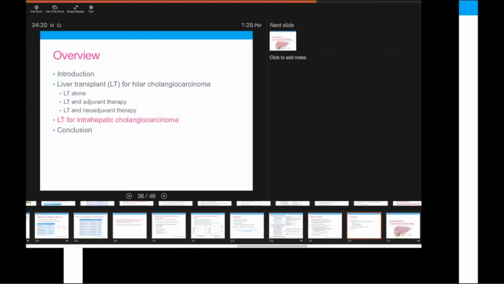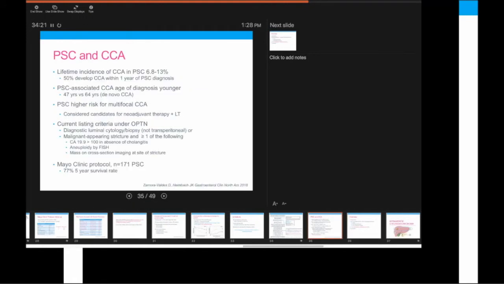So you're saying of those who developed cholangiocarcinoma on the backdrop of PSC, it was in the first year of their diagnosis? Yes, most of them. So it's almost like some people have a cancer predisposition, because that's pretty quick.